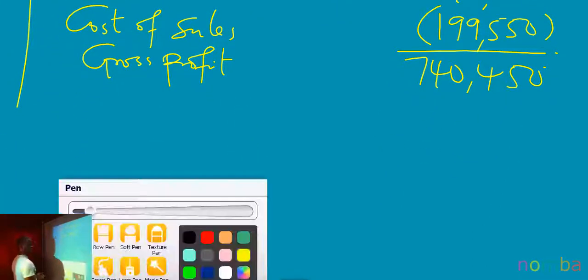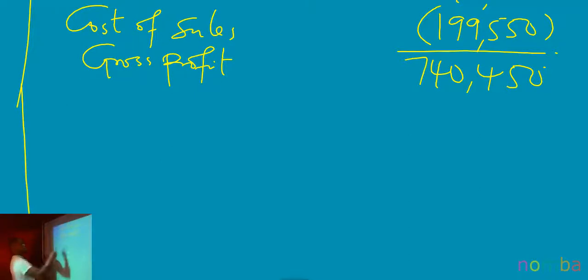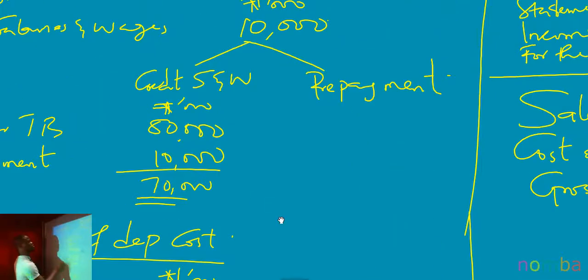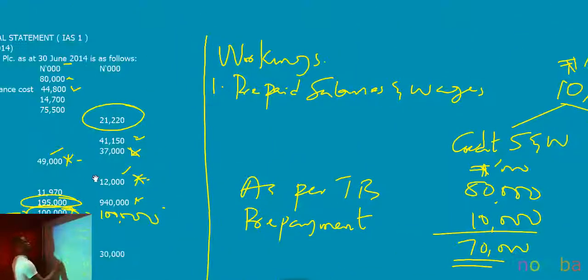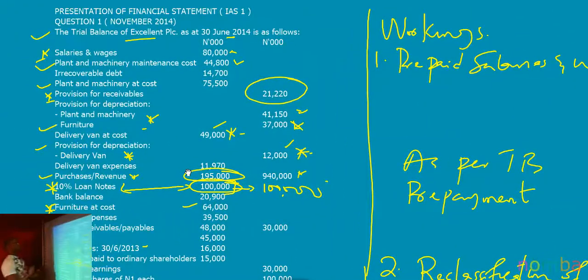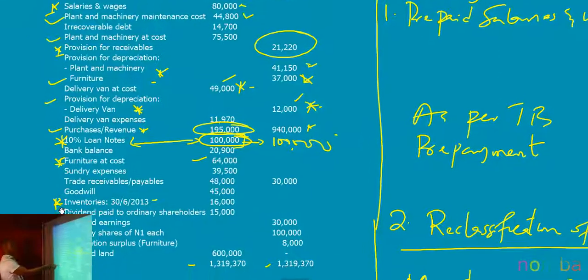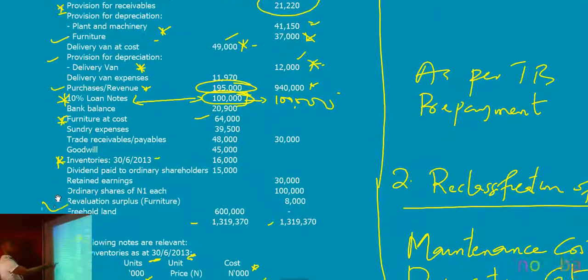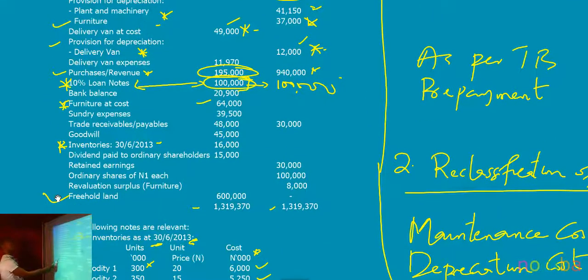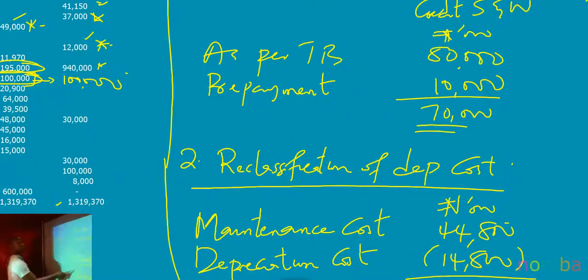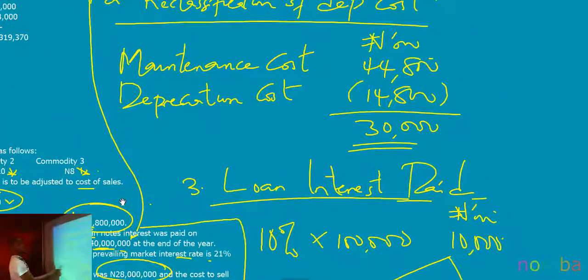Having determined that, if there is any other income we will add, like discount received, interest received, dividend received, all that we are going to add. But in here, do we have any of such item? We don't. Hope you are looking at it too. In case I didn't see it, you need to tell me. Okay, we don't. And we didn't present any of such in our workings.